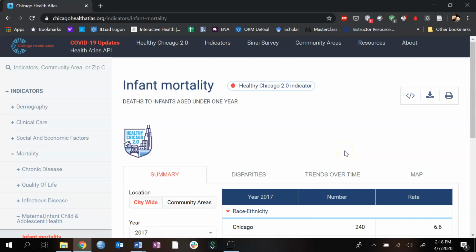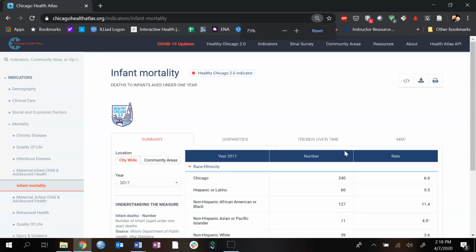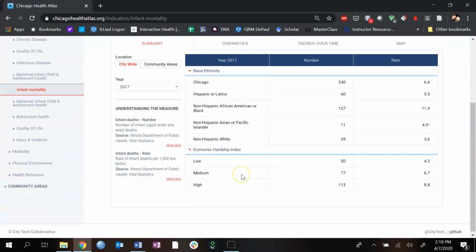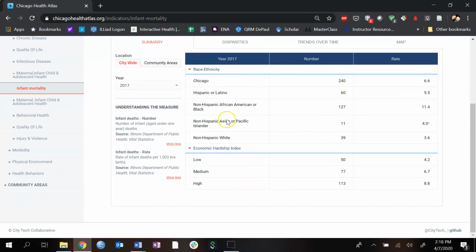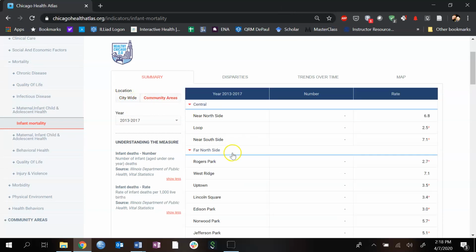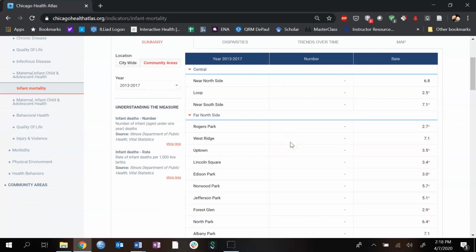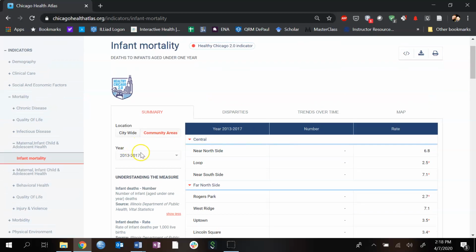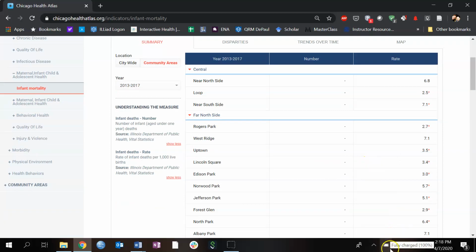All right. So when you click on infant mortality, you get this summary table, okay? And you can toggle back and forth between citywide and community areas. When you click on community areas, it brings up the 2013 to 2017 infant mortality rates for each of the community areas in Chicago.